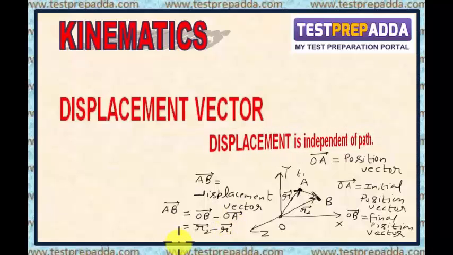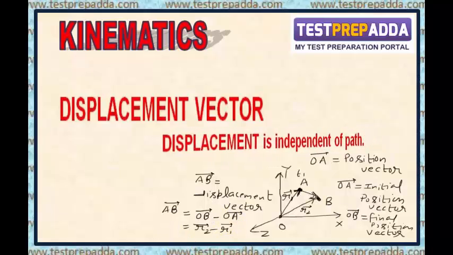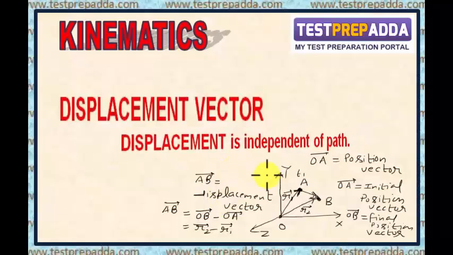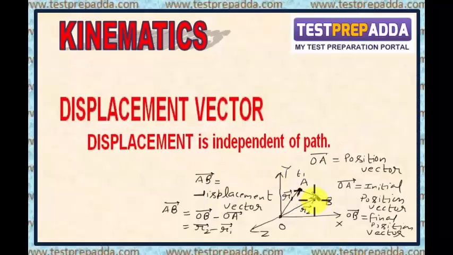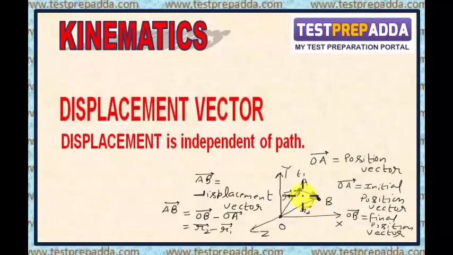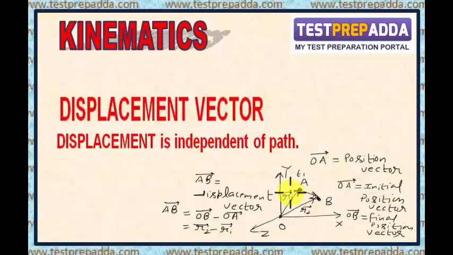Got the idea? Since the initial and final positions are fixed, the displacement will be independent of the path. You can adopt any path. Actual path taken in going from A to B is not important in calculating displacement vector.